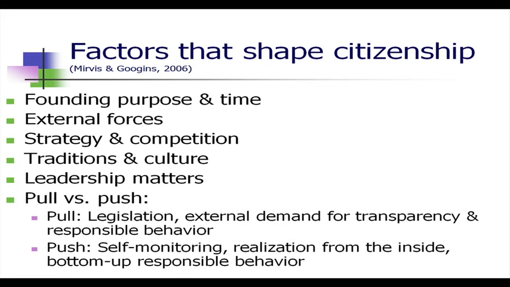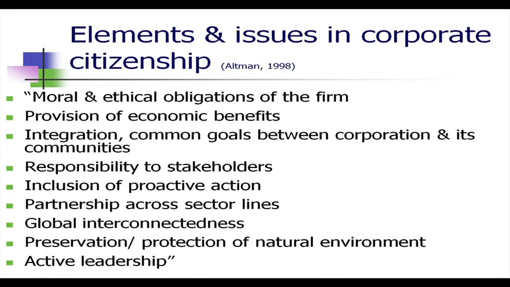Then the pulling refers to the external demand for transparency and responsible behavior. So legislation, things that force you to do certain things. Pushing, it comes from inside. So there's self-monitoring behavior, there's realization from the inside, and there's bottom-up responsible behavior.